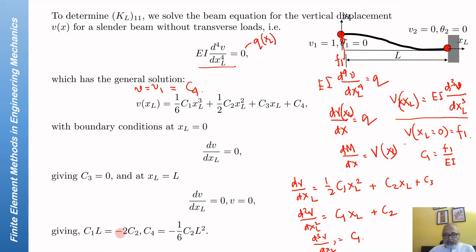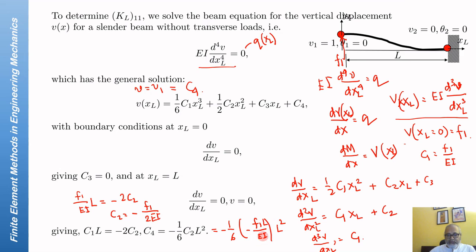Now to calculate C4, we have to go back to here. C1 is F1 by EI, times L, which is equal to minus 2 C2. So C2 is minus F1 L by 2 EI, and then C4 is minus 1/6 C2 L square. So this is minus 1/6, again minus of F1 by EI into L, and then you have another L square here.